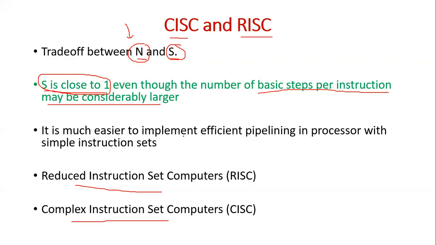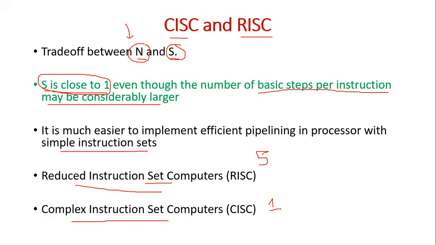It is much easier to implement efficient pipelining in a processor with a simple instruction set than with a complex instruction set. So there are two types of computers: complex instruction set computers and simple instruction set computers. In a complex instruction set computer, to perform a particular task, what a simple instruction computer does with five instructions can be done by just one instruction.